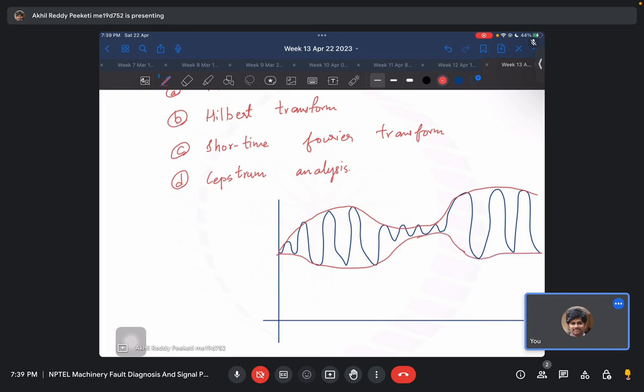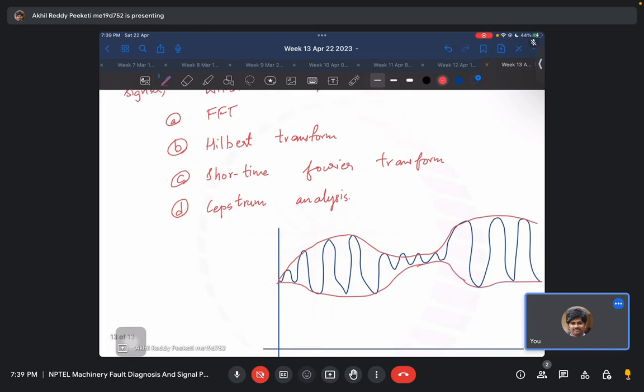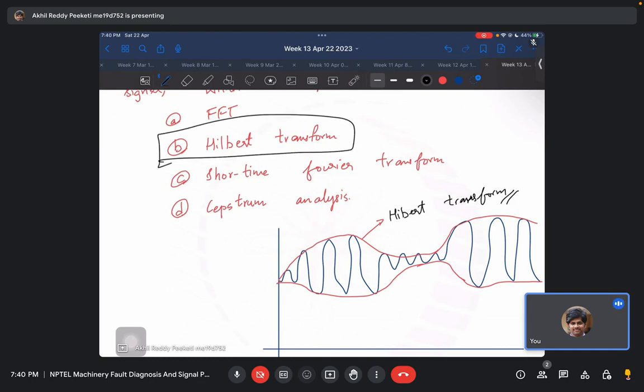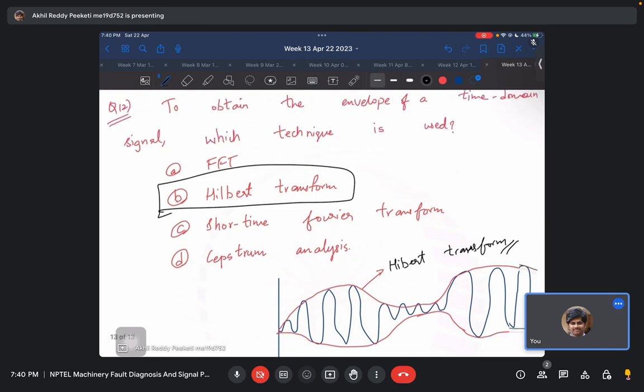So which transform gives us the envelope? You can get the envelope by doing the Hilbert transform of the time domain signal. Fourier transform gives us the frequency. Short time Fourier transform also, if there is a non-stationary signal with varying frequencies, and subsystem analysis doesn't give us the envelope.